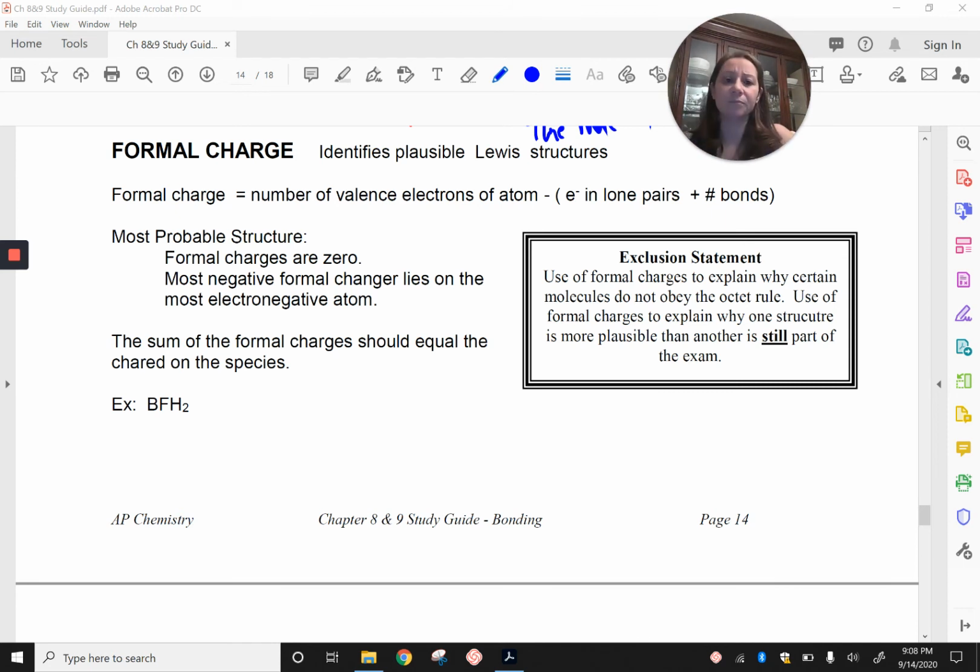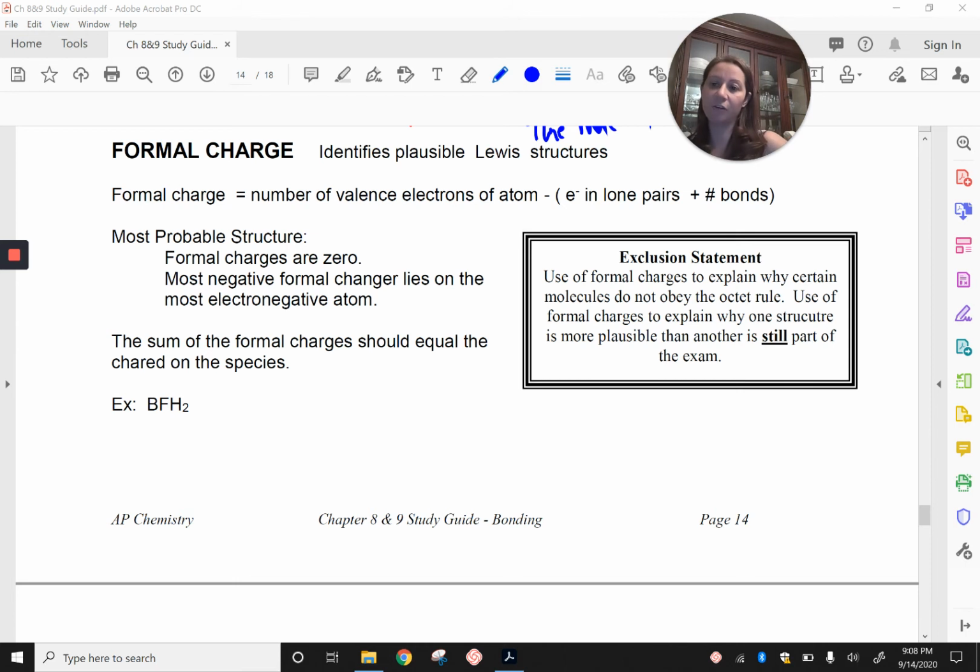Sometimes we have a formula and can draw different structures for it, and we're not sure which one is correct. Formal charges help us figure out which of these structures is the lowest in energy and the most plausible. So you draw the different structures for that formula and calculate the formal charge for each atom in each of the structures.